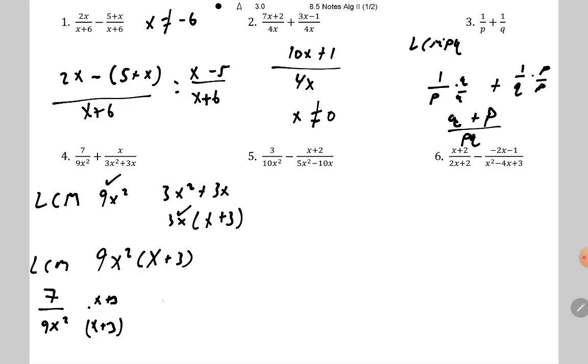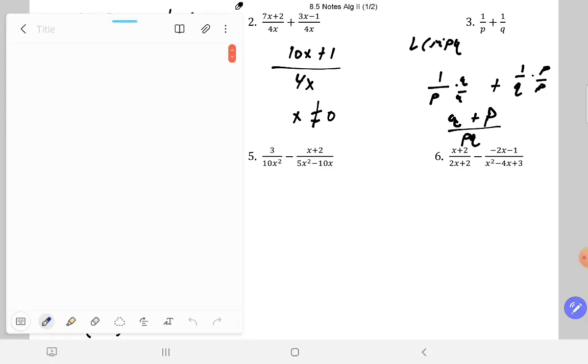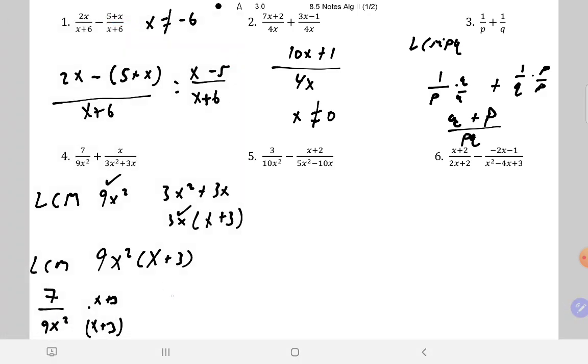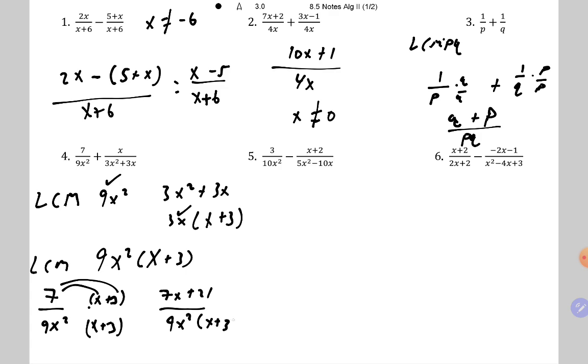So this one is going to become 7 times x plus 3. So if I distribute here, 7x plus 21 over, and you just want to keep the bottom the same.